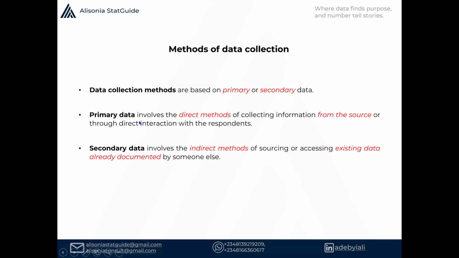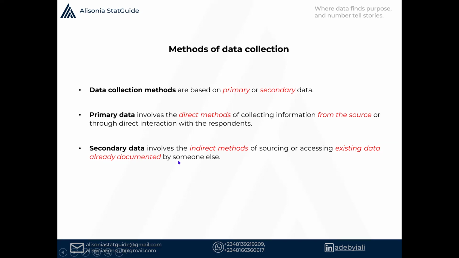For the primary data, it involves a direct method of collecting information from the source or through direct interaction with the respondent. For the secondary data, it involves the indirect method of sourcing or accessing existing data that is already documented by someone else.